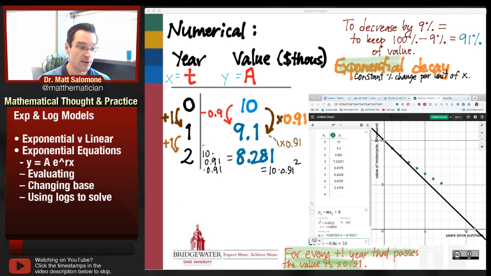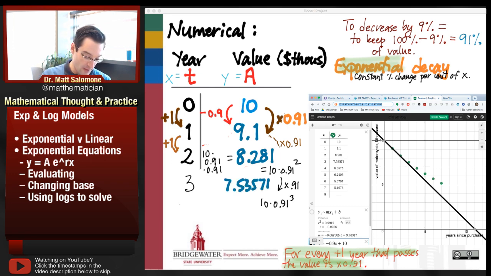Right? And if I were then to want to get what the value was in year 3, I would have to multiply that again by 0.91. And when I multiply it again by 0.91, I'm going to get 10 times 0.91 to the power 3. Right? And that just so happened to be the decimal 7.53571.